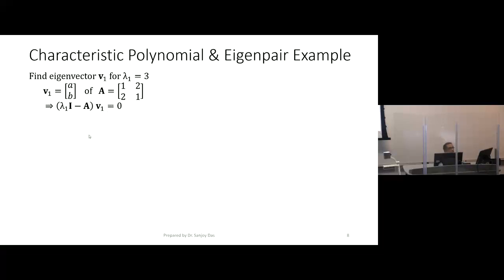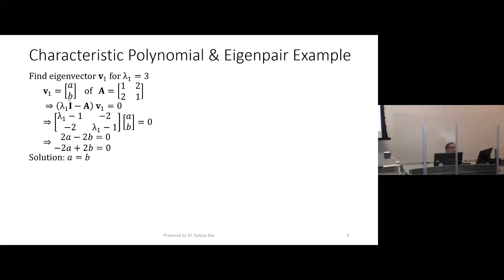So this is lambda 1 I minus A, and this is v1, a, b, equals 0. And replacing lambda 1 with 3 here, and then doing this matrix multiplication, we get these pair of equations: twice a minus twice b equals 0, and negative twice a plus twice b equals 0. So the solution is a equals b.